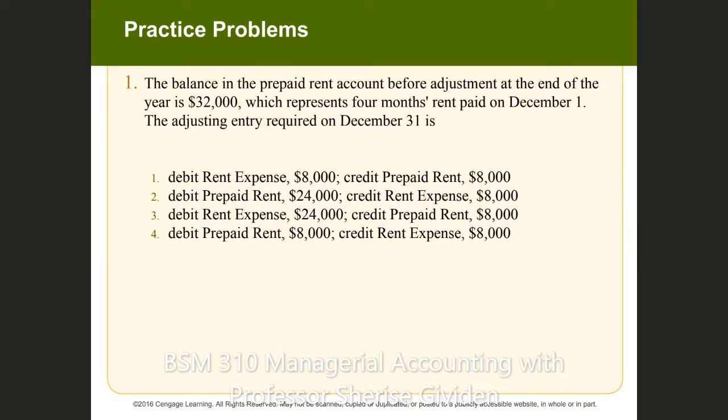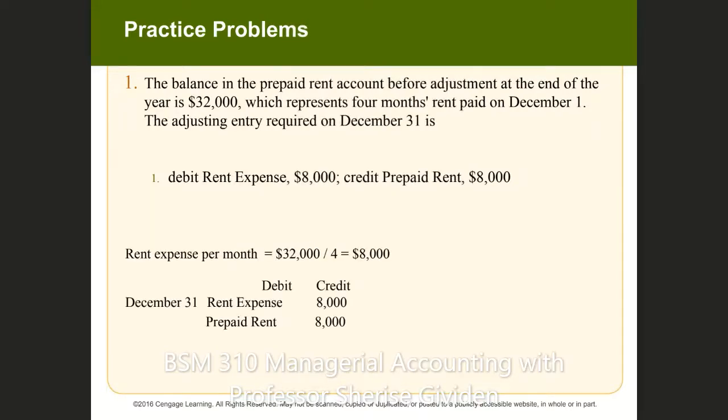So you have to equal it on the other side of the equal sign, and we're gonna reduce the expense. Personally, I think it's number 4, because you're gonna debit prepaid, but you still have money in the prepaid account.